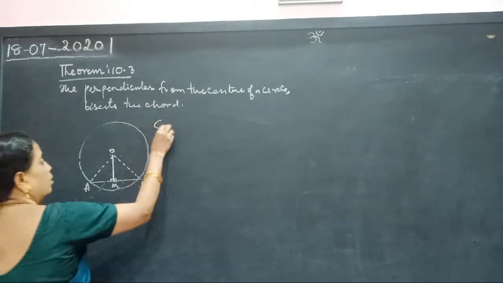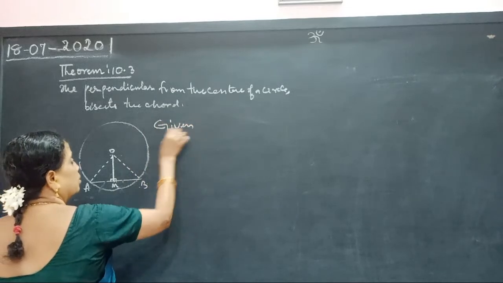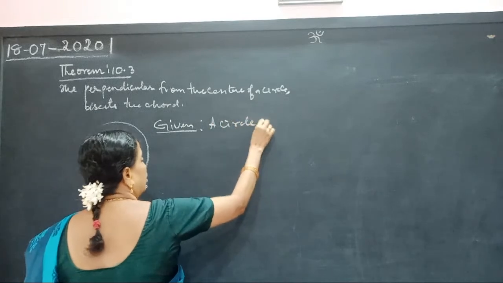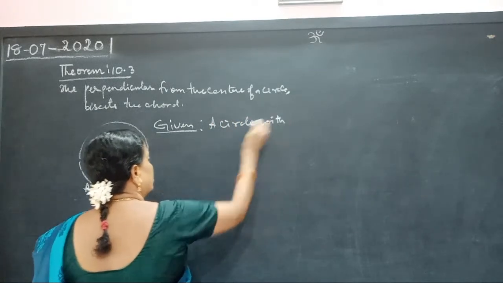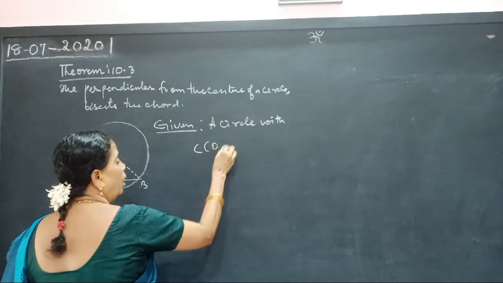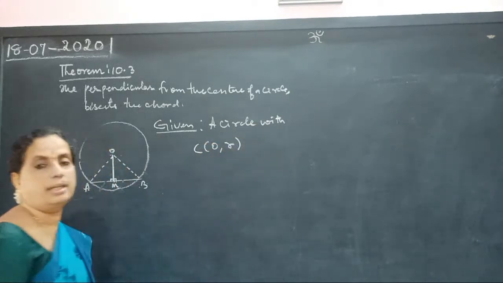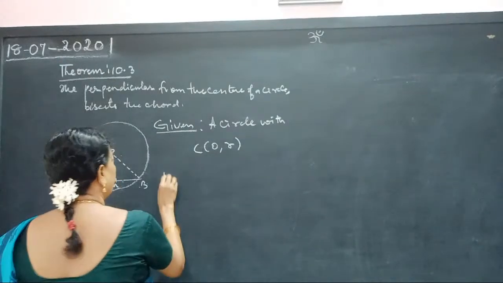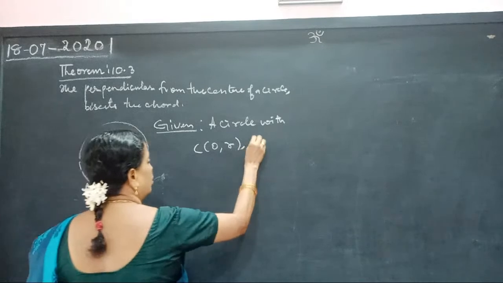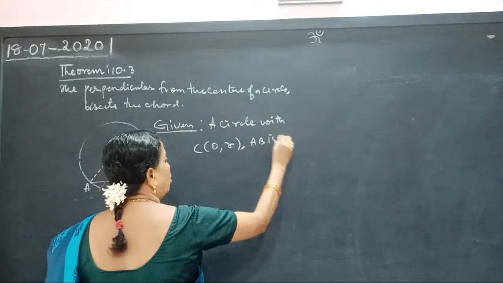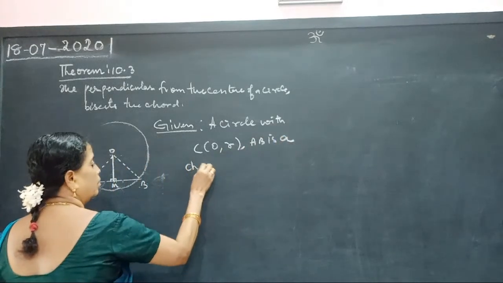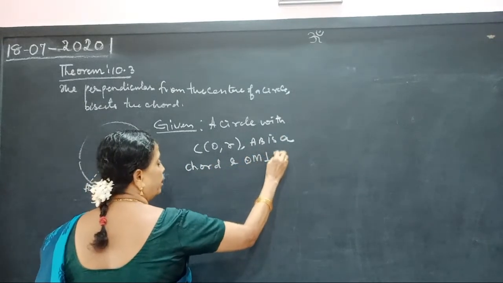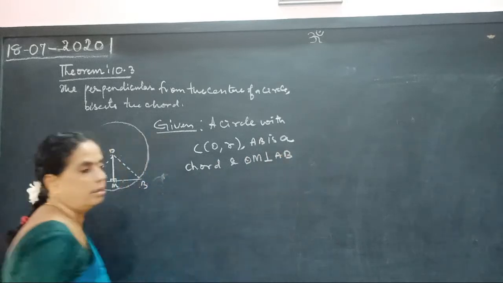Given a circle with center O, radius R. AB is a chord and OM perpendicular to AB.